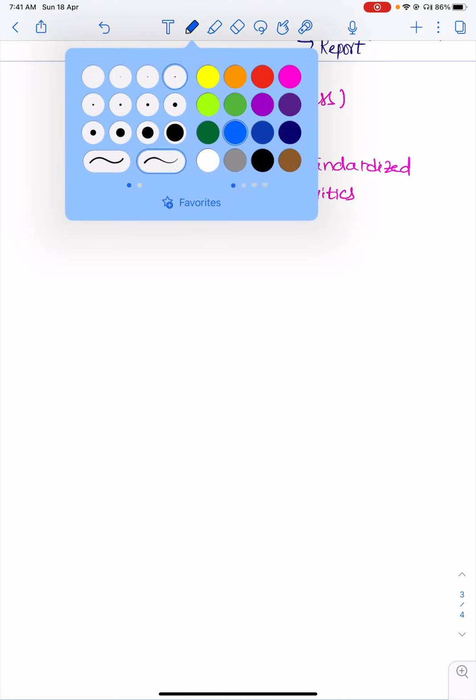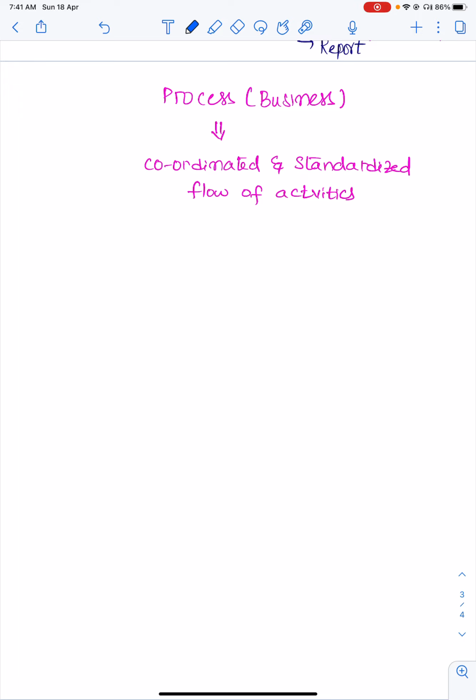So what do you mean by process from business perspective? Process is nothing but a coordinated and standardized flow of activities which are performed by either people or machines.